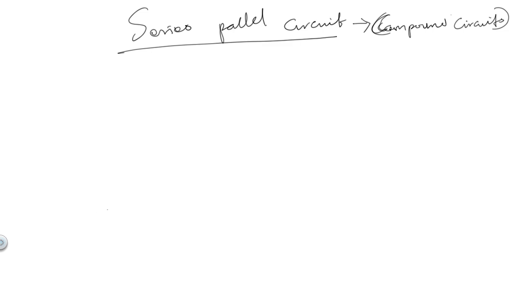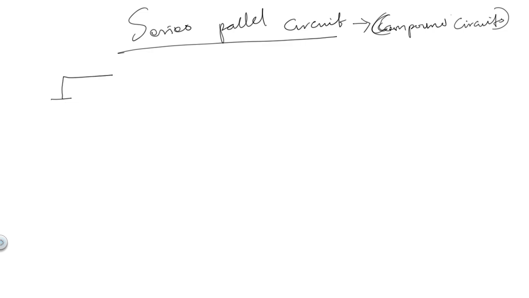And take this into your mind. At least 3 resistors are required to form a series parallel circuit, or a compound circuit. Okay, what's a series parallel circuit? Let me just give you an illustration of what it means.